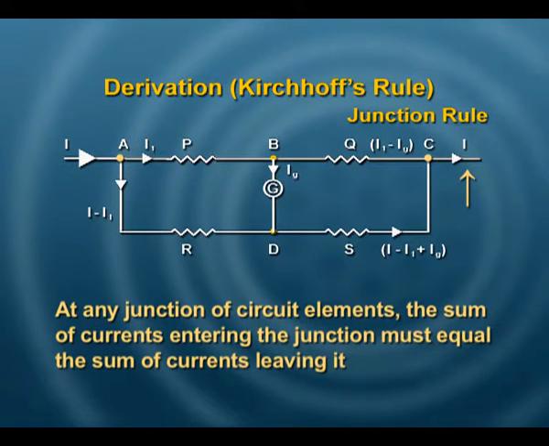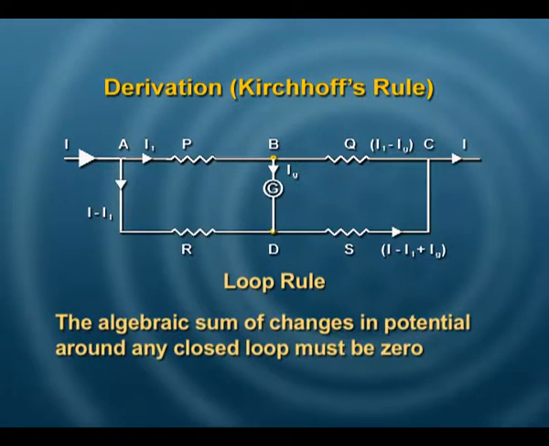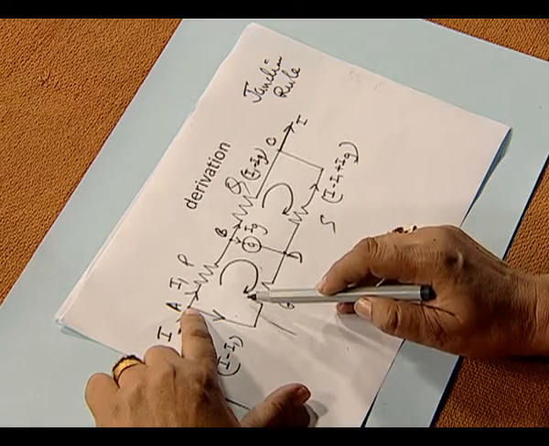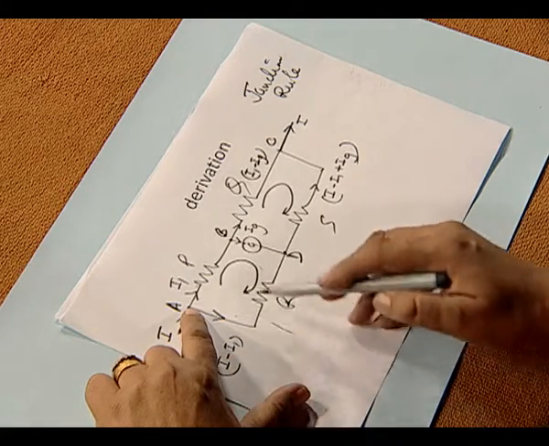What is the second rule? The second rule is the loop rule, which says that if you have a loop like A B D A or another loop B C D, then the potential drops across it are going to all add up to a 0 value. Let us start from here. I have marked this loop by taking it clockwise.